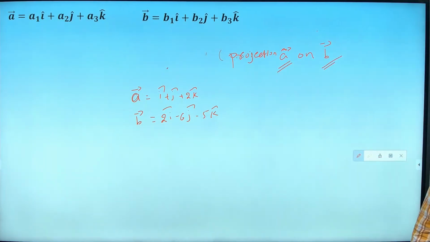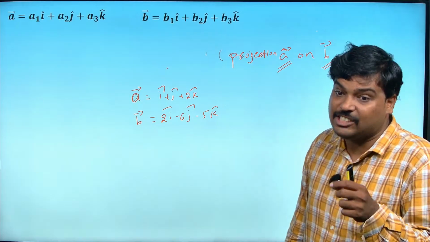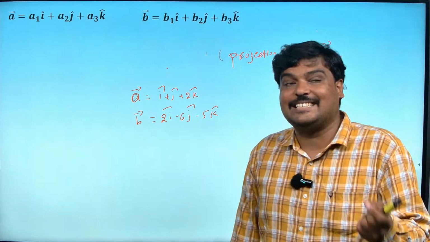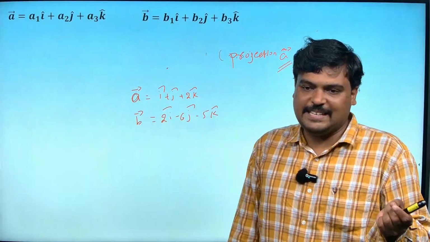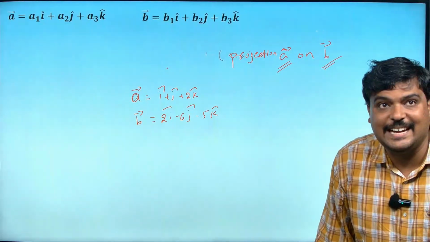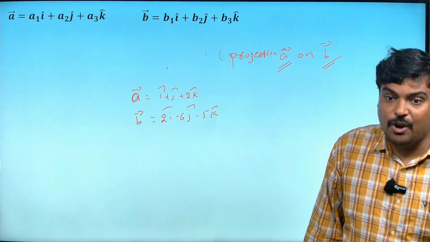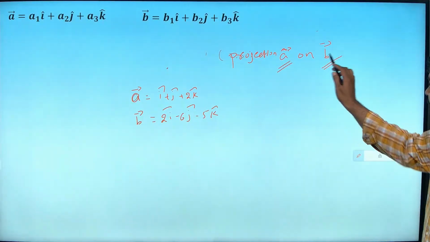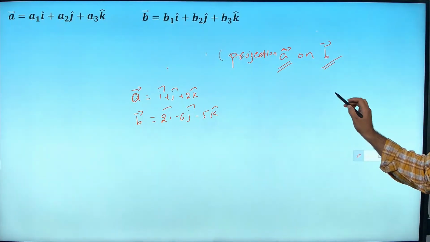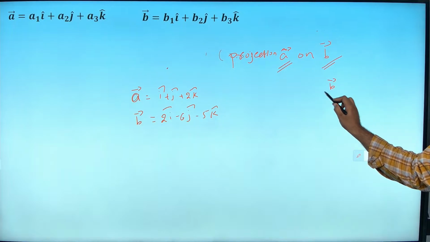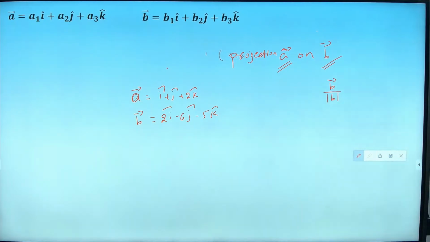Now you tell me, which direction is needed, a or b? b's direction is needed. If I want only the direction, I will go for unit vector. So unit vector of b. What is the unit vector of b? b vector divided by modulus of b.